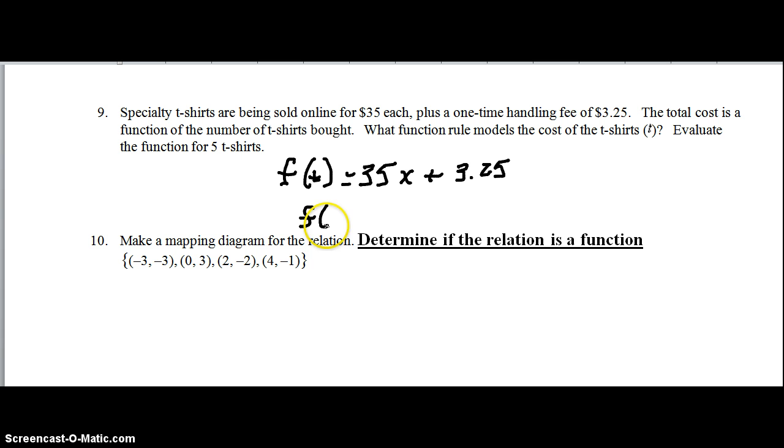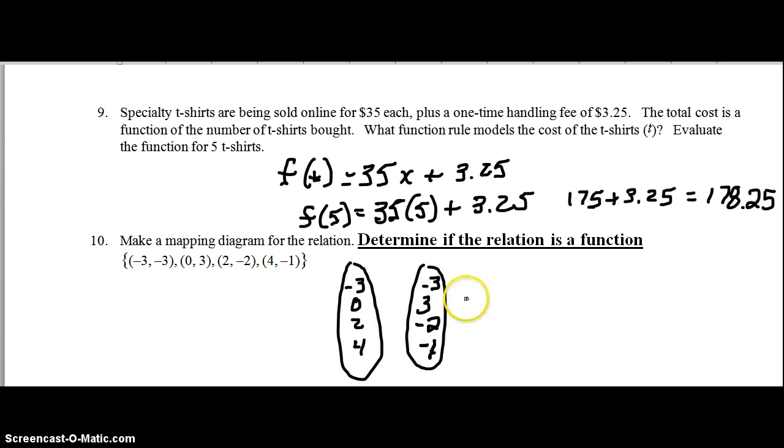So the function, when we plug in 5, is going to look like this. So if you go ahead and multiply this out, here we go, 175 plus 3.25 for a total of 178.25.